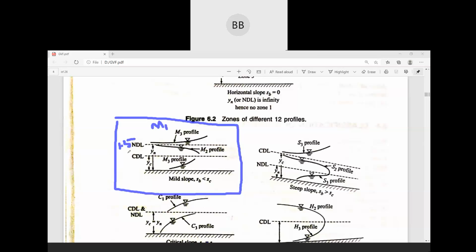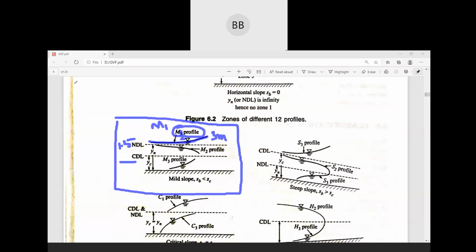The critical depth line we don't know the value of, but it will surely be below the NDL. Whatever value we get after constructing the weir, the depth increases from the NDL to 3 meter. That is why our profile is the M1 profile.